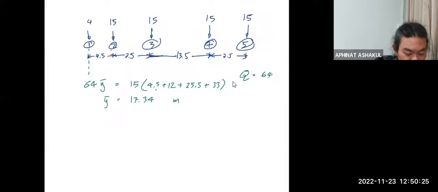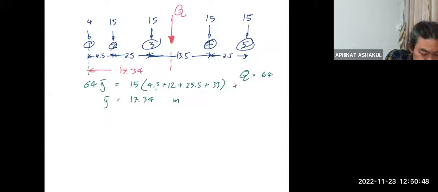So 17.34 should be very close to the number 3. You now know that this is 17.34. The distance from load number 1 to number 4 is 25.5. So I'd say Q is closer to 3 than 4. Right?